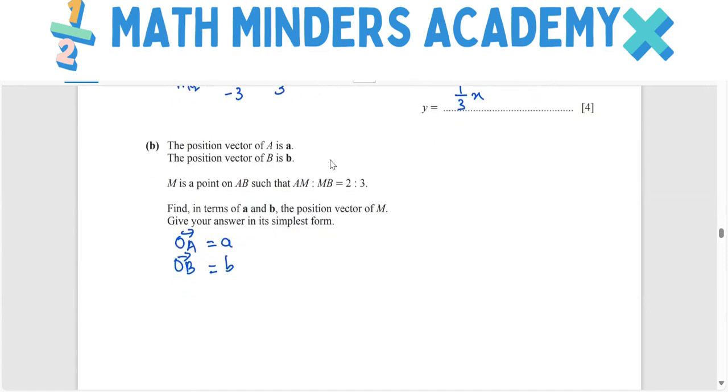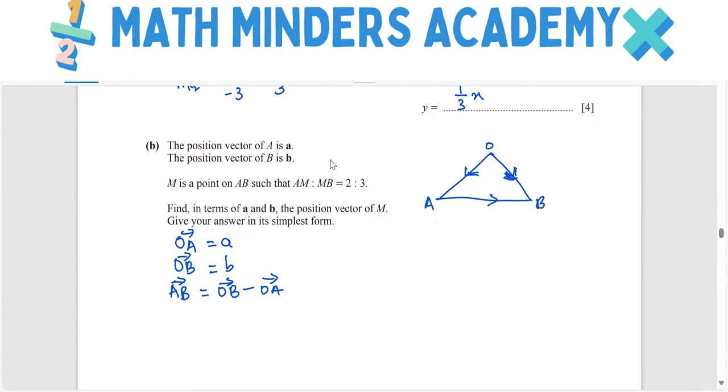So here, if we want to find vector AB, it's going to be OB minus OA. Okay, I hope we understand this using the triangle law. Let's say this is AB, and this is O, okay? So this is OA, this is OB here.